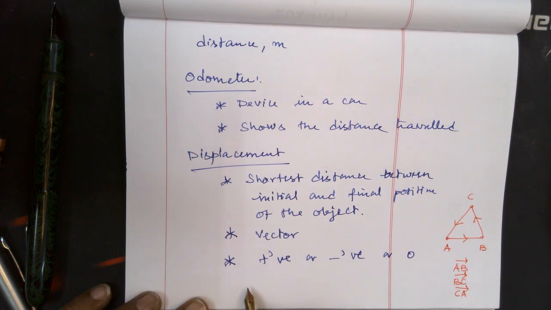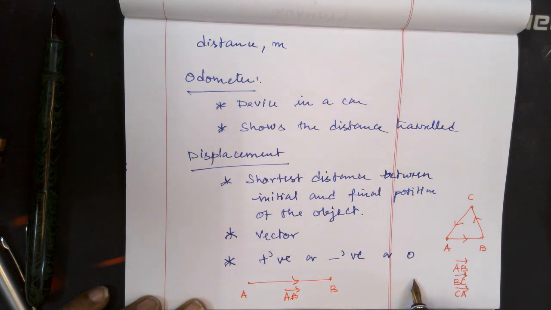Let me consider I am starting from A, going to B. So this is the AB vector. Now from B I am returning to A. How to represent that? That can be represented as minus AB vector, which is nothing but B to A, is it not?